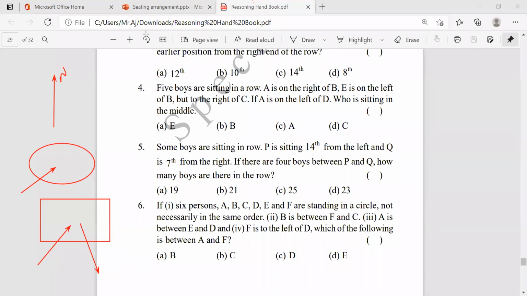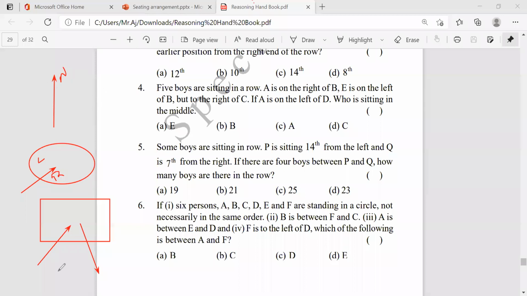One thing will change. What is that? Our left hand side and right hand side will change. Suppose a person is facing inside, that is nothing but north. Facing inside, just assume that is north. Then if you are facing north, your left is this and your right is this.